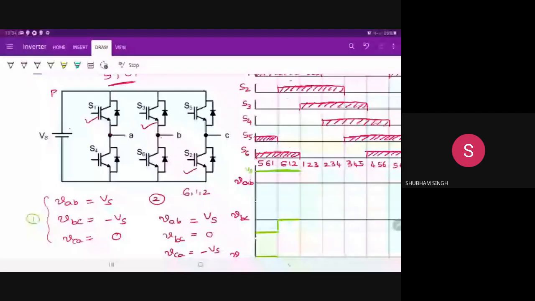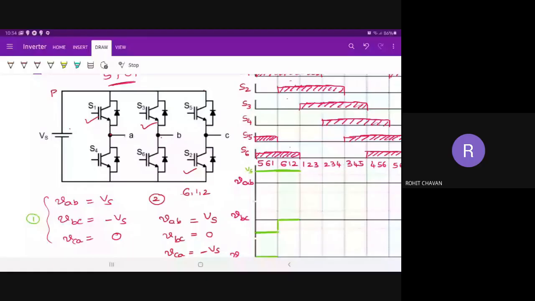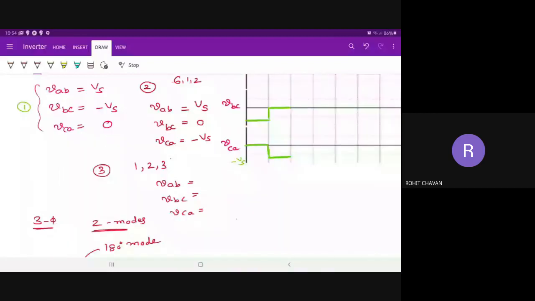Switches are on, right? So VAB is 0, and VBC is plus VS, and VCA is minus VS.